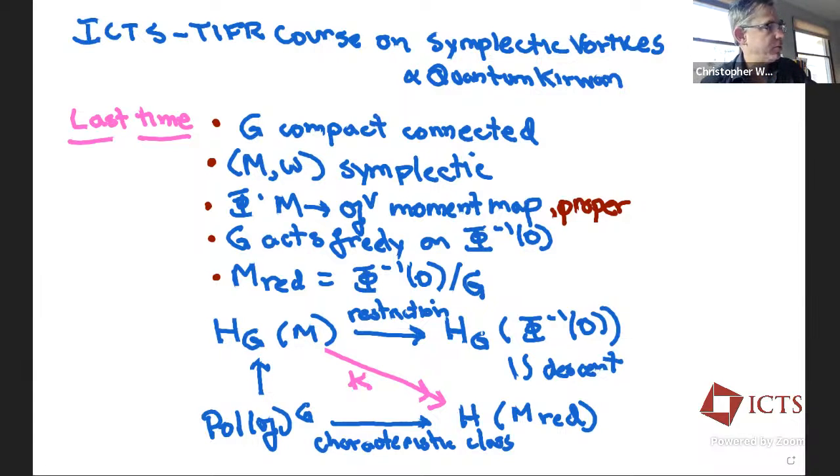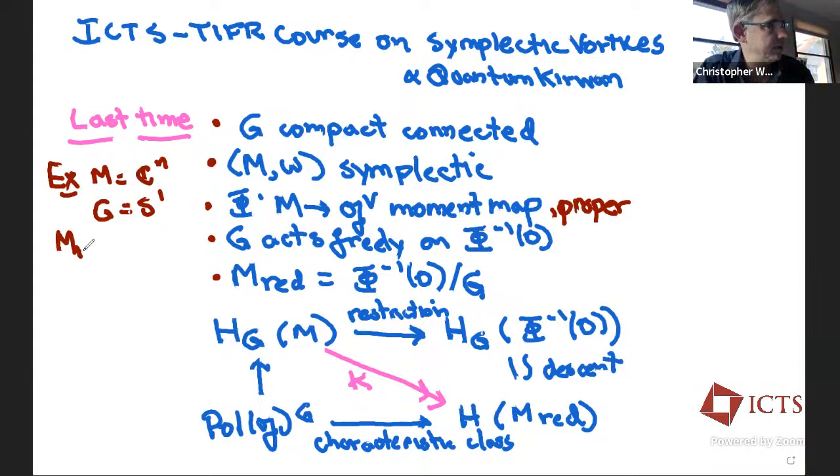Okay, so what's a particular non-compact example that works? An example would be M is C^n, and G acts as S^1 by scalar multiplication on each factor in C^n.